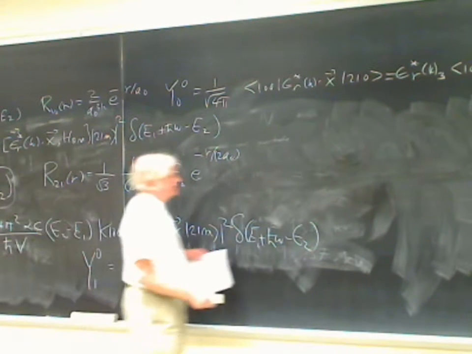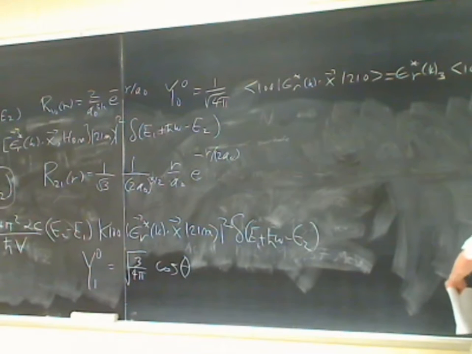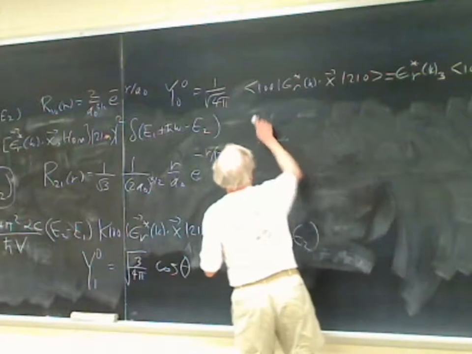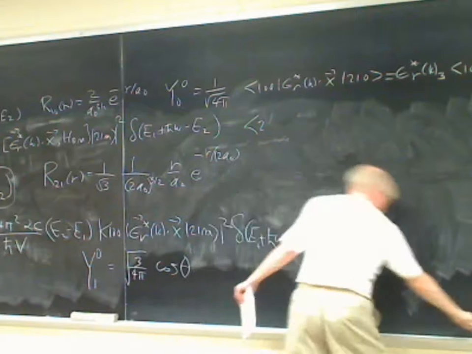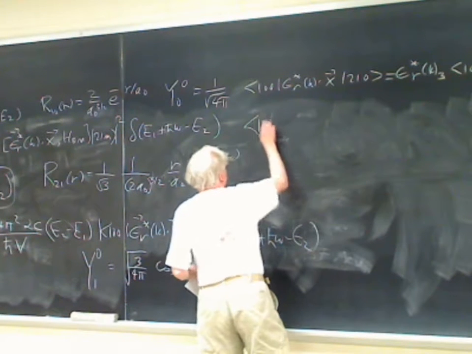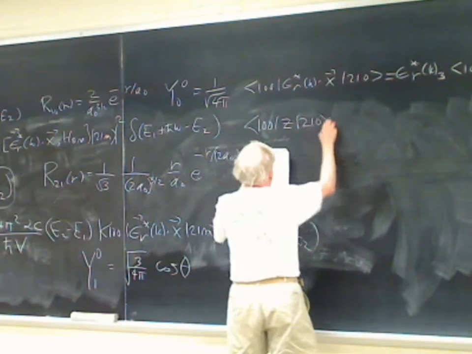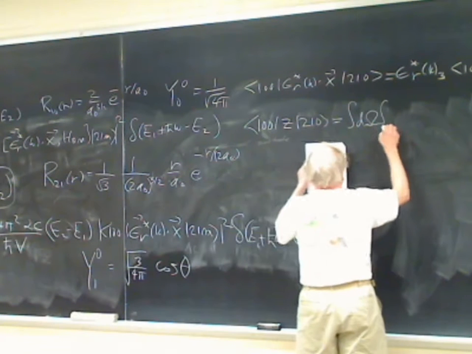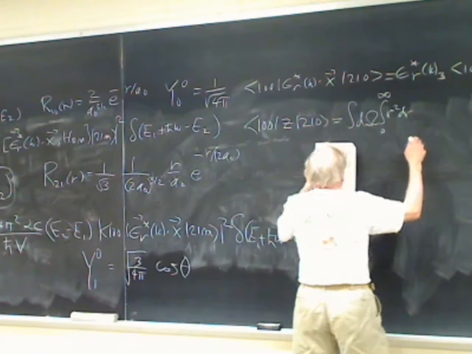And now we can just compute this. And so we have, whoops, that's a 1. <1,0,0| z |2,1,0> is an integral of d omega, integral 0 to infinity r squared dr.